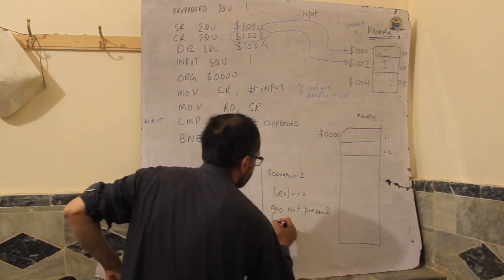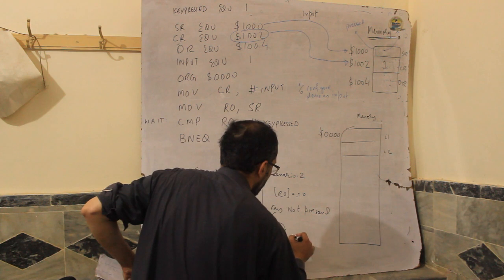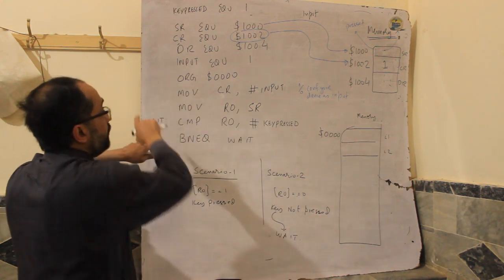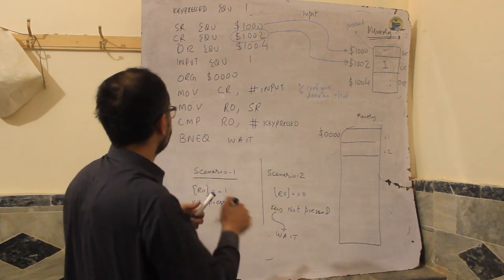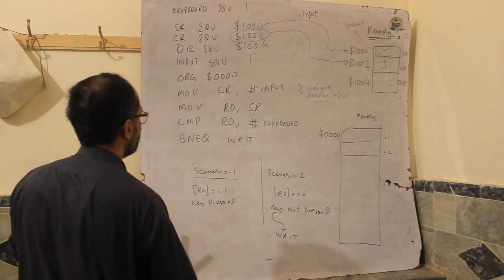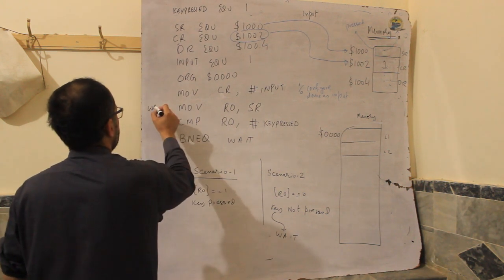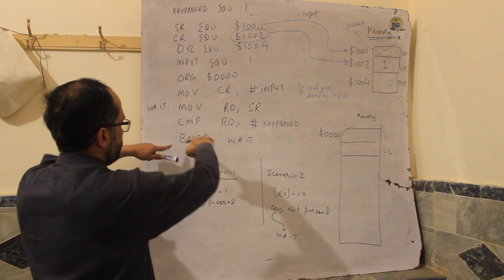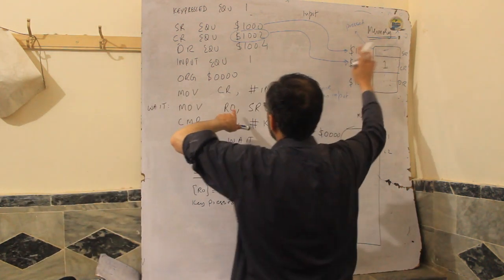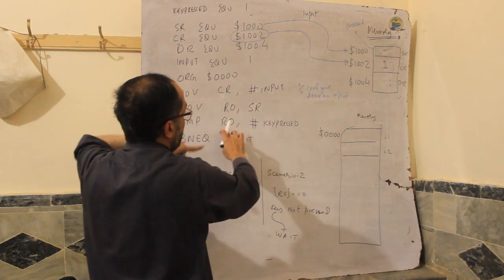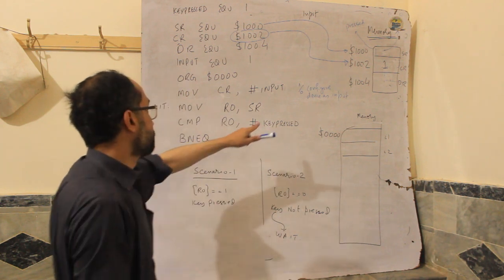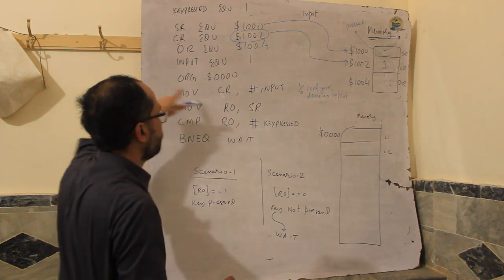In this scenario, we have to wait, so again we will move the contents of the status register into R0 and compare the value with 1. If the key has been pressed, we proceed; otherwise we have to wait for an indefinite interval.